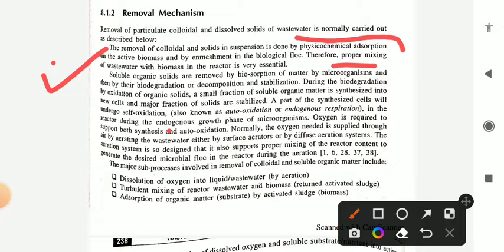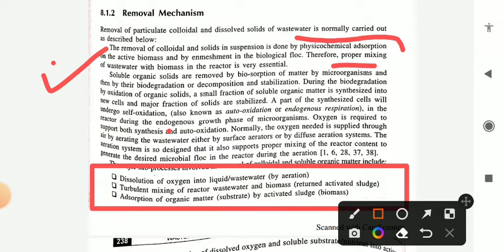So the major processes involved in the removal of colloidal solids and organic matter are the following. First, dissolution of oxygen in the liquid or wastewater by aeration.